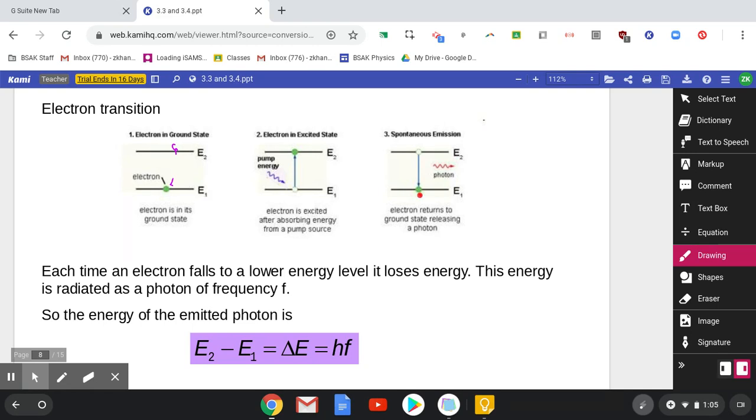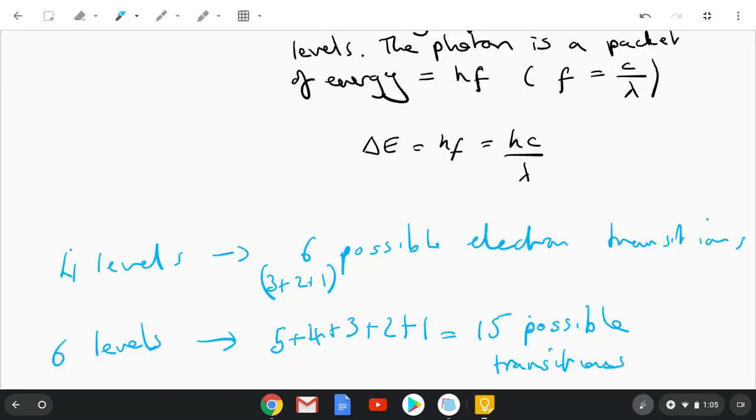But how does the electron get up to that level in the first place? And this is what I want to discuss separately. So there are 2 techniques that we are going to look at for how an electron moves up an energy level.